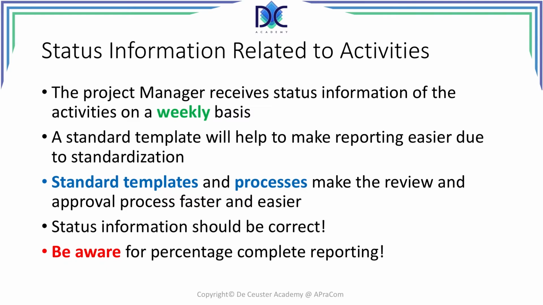For example, they created 4 bicycles in 2 periods, which means they should have produced 5. They're not at 50%, but they are at 40%. So be aware of percentage complete, verify it properly, then adjust the information, and of course educate the people who gave you the wrong information.